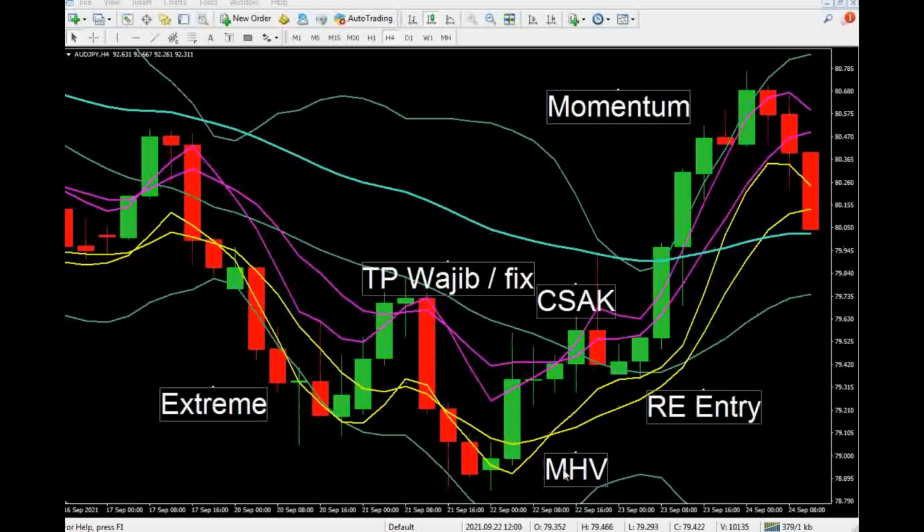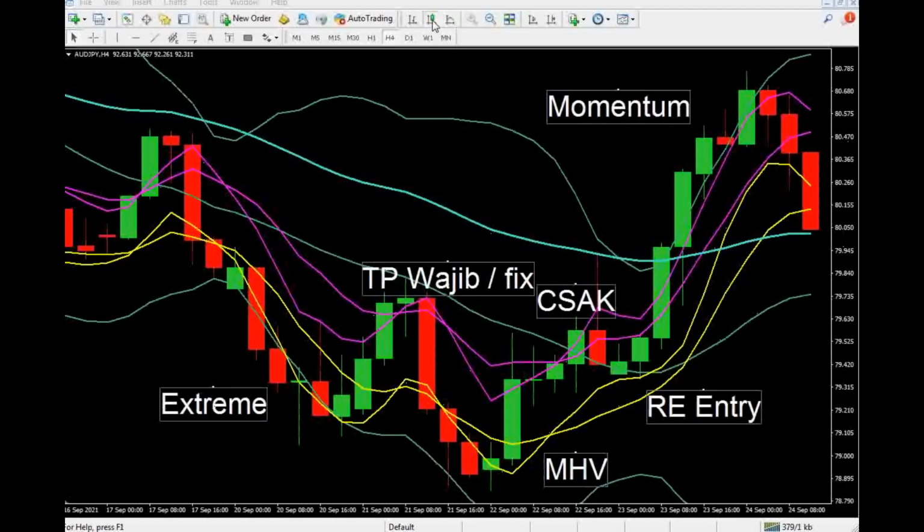After the market makes an MHV, the market next moves making a CSAK. What is a CSAK now? So the CS means candlestick.